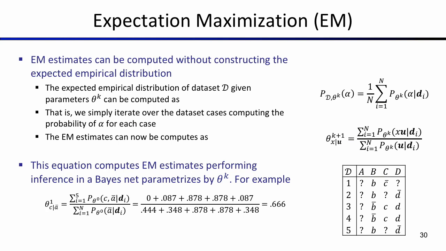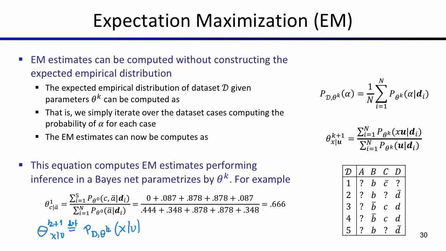So in the previous slide, we made this definition here. We defined that theta for the next iteration, k plus 1 of x given u, is defined as the expected empirical distribution, d theta k, of x given u, right? So this was the definition.